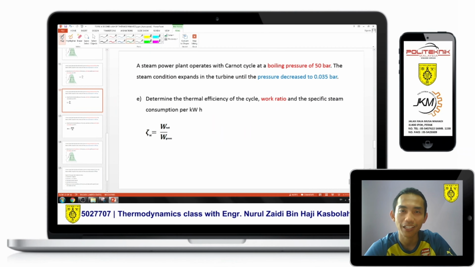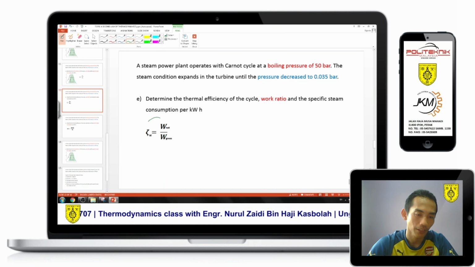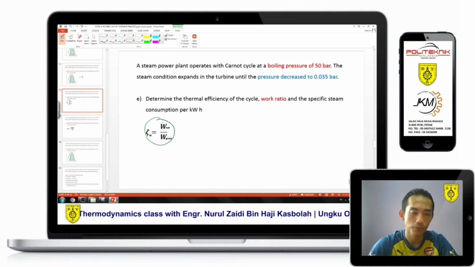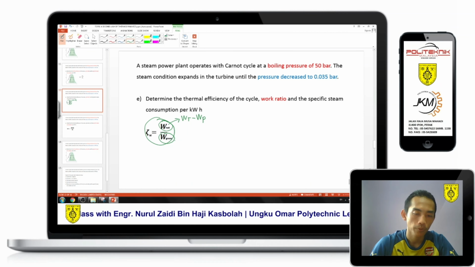Let's find the work ratio for this system. This is the formula of work ratio. Work ratio equals W net over W gross. W net is W turbine minus W pump.